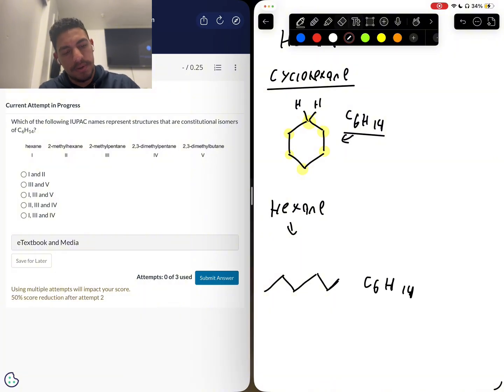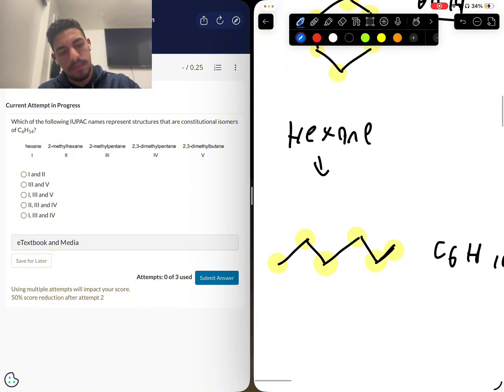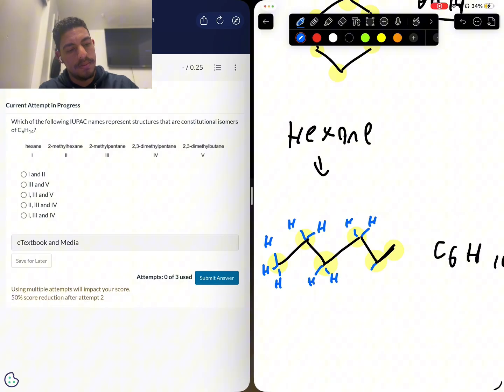Here, 1, 2, 3, 4, 5, 6. 6 carbons, right? Let's draw them in blue. These lines are going to be hydrogens, okay? And then you can count them: 3, 6, 7, 8, 9, 10, 11, 12, 13, 14.